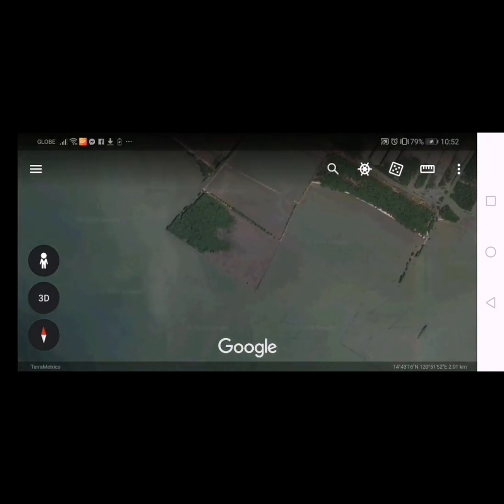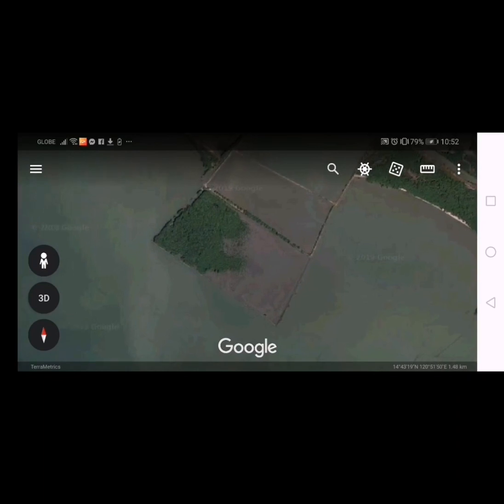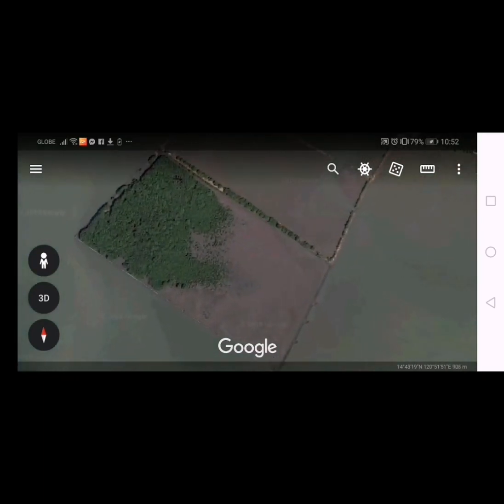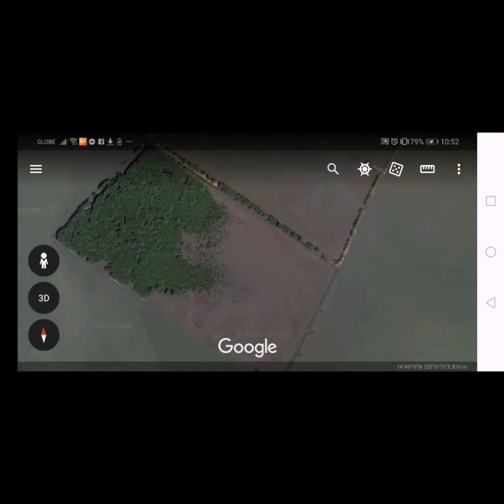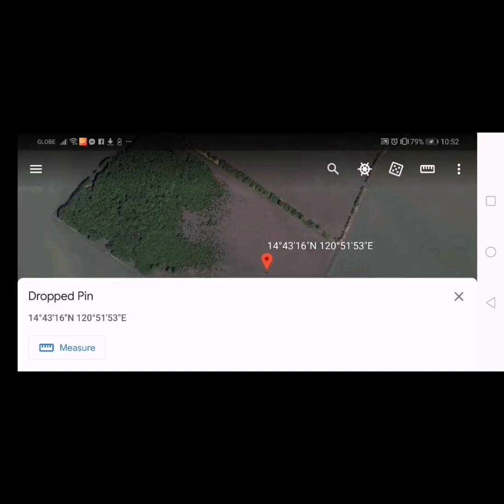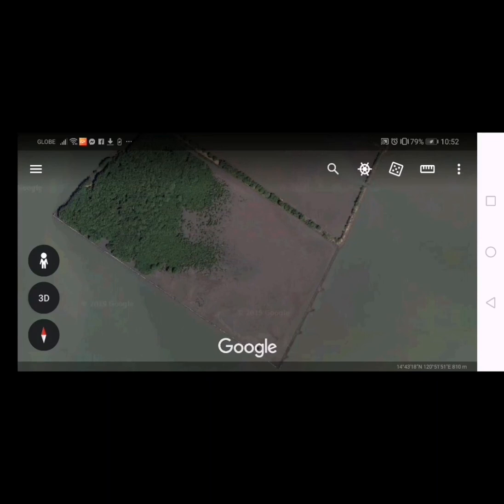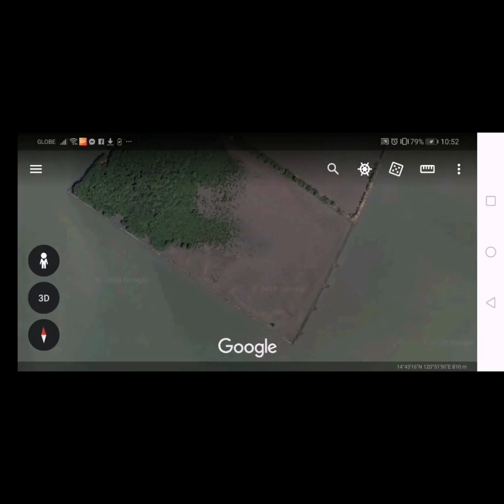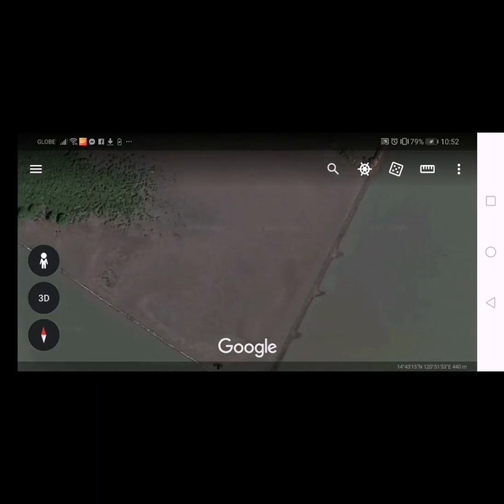Let me show you the length of one section of these walls. Here's the area where we took photographs, the area of Taliptip.